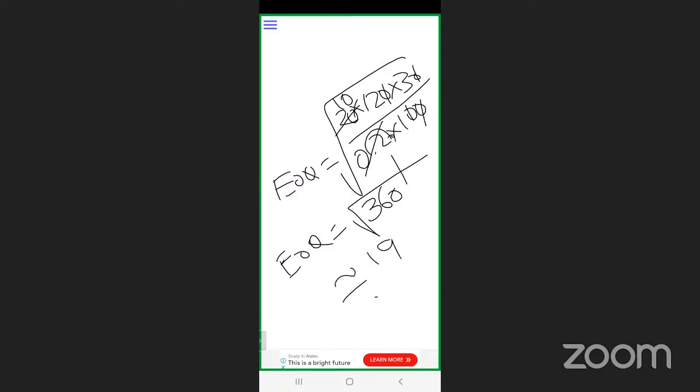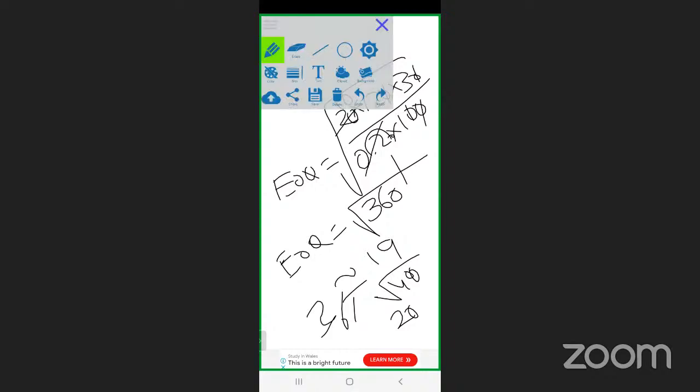See, under root of 400 is 20, so it is a little lesser than 20. And 19 square is 361, I suppose. So 360 is nearer to 361, so the under root of that is 19. How much do you have to order every time? 19 units.